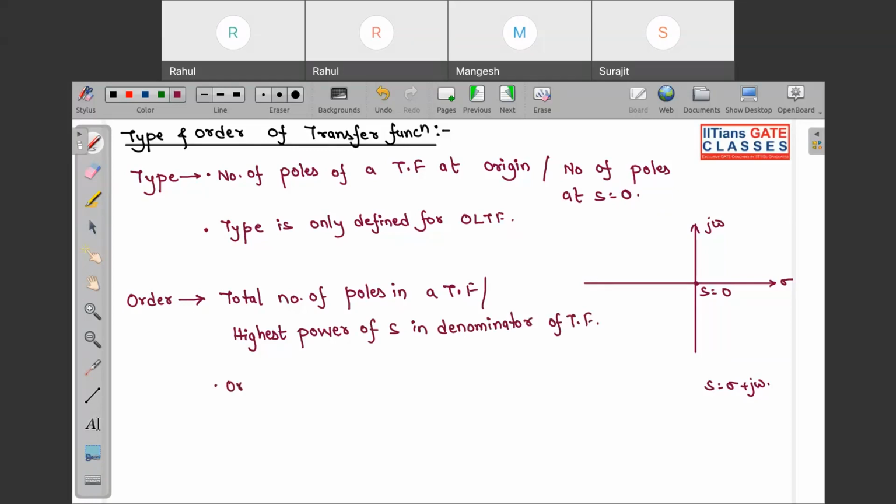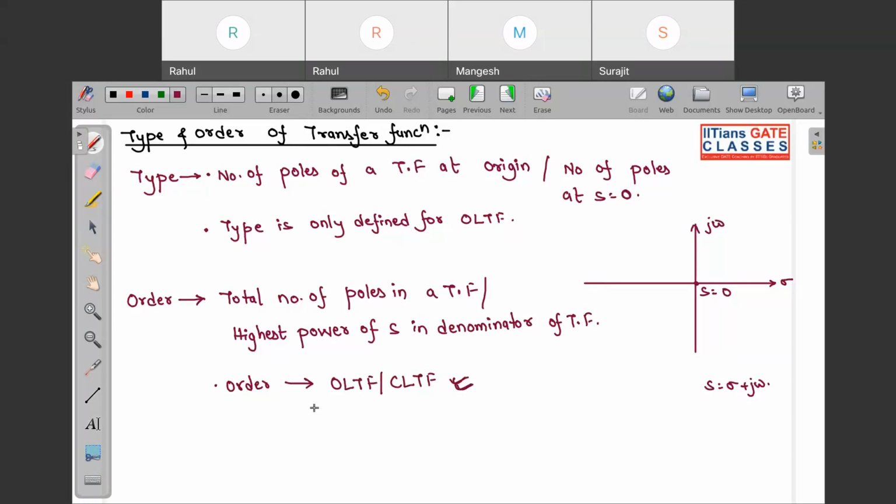And order is defined for both OLTF as well as CLTF. Okay, it is defined for both OLTF and CLTF. Always remember, type is only defined for OLTF.